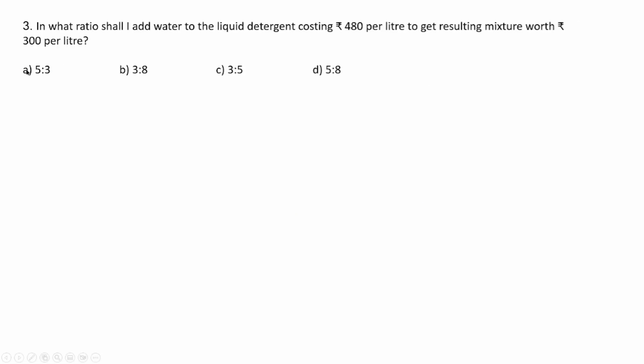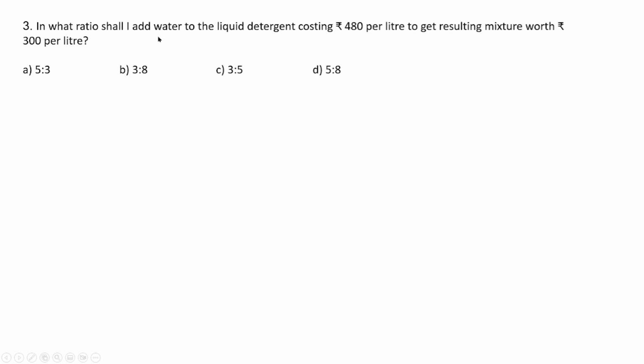Next question. In what ratio shall I add water to liquid detergent costing rupees 480 per liter to get a resulting mixture worth rupees 300 per liter? Now this was given in the sample question paper for this year, which is 2022-23. So we need to find the ratio in which we have to add water to liquid detergent costing rupees 480 per liter so that we get a mixture worth rupees 300 per liter.